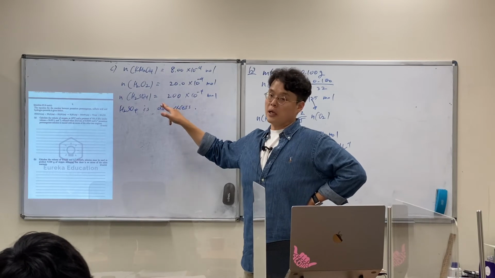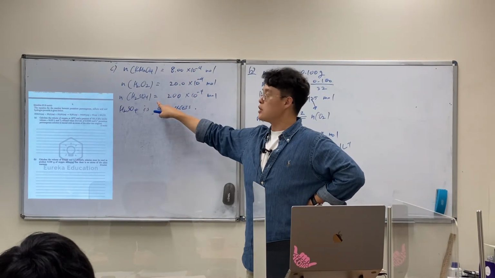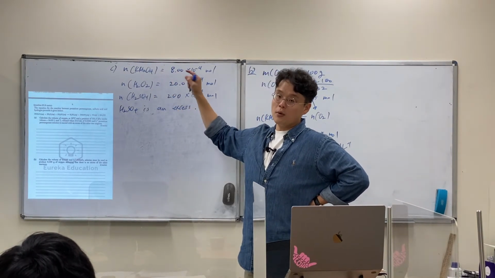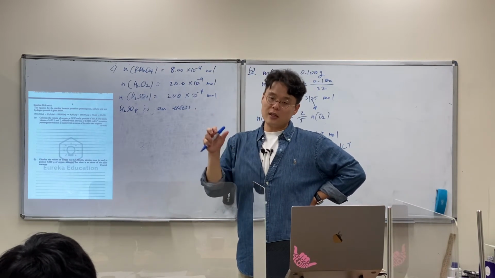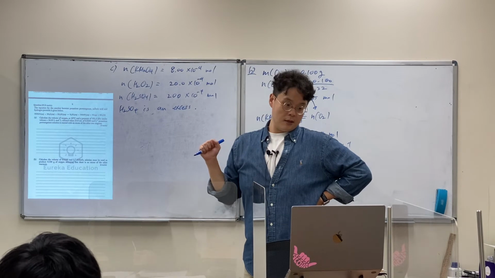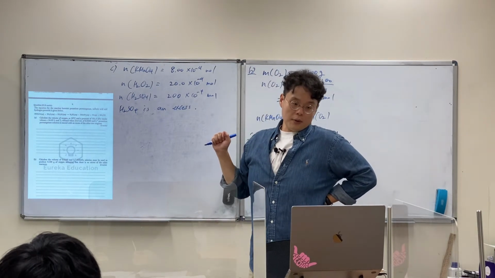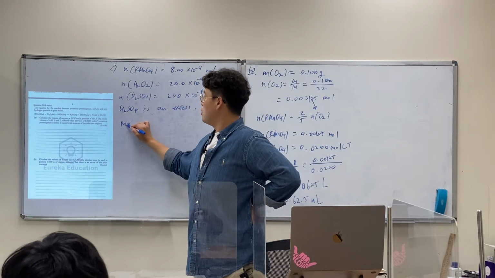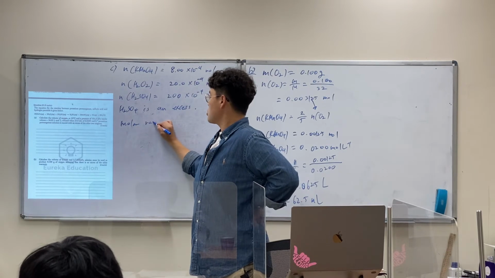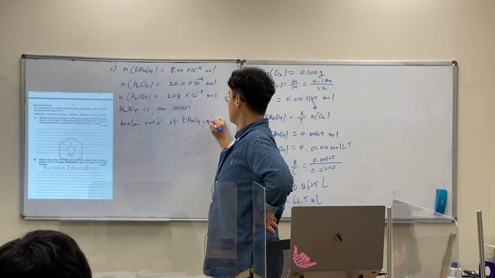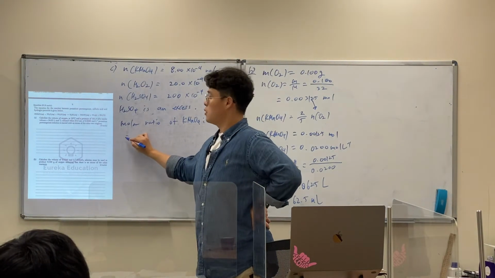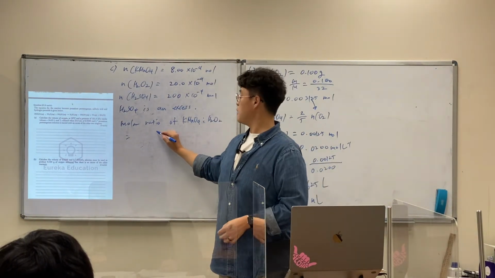We compare these two as potential limiting reactants, but we are finding which one drags the reaction the most. So the molar ratio of the potassium permanganate to H2O2 is given as 2 to 5.